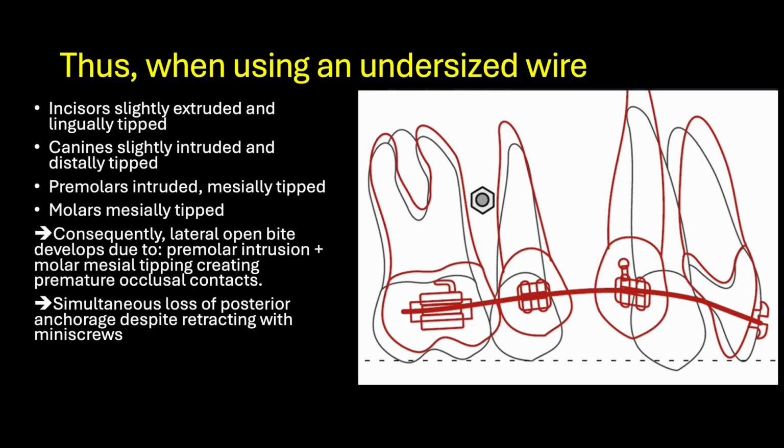The canine is slightly intruded and distally tipped. The premolar is intruded and mesially tipped, and the molars will tip mesially. So from all of that, it will develop a lateral open bite, and also we can lose anchorage at the posterior teeth.